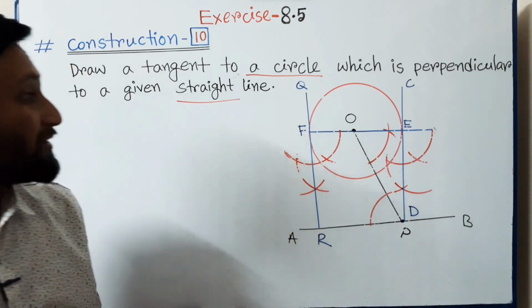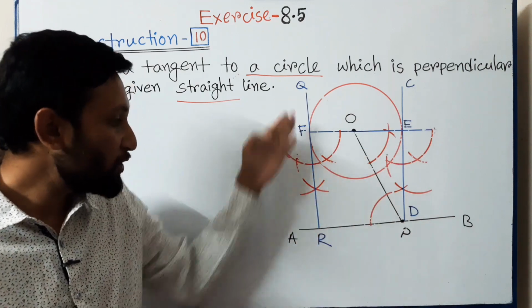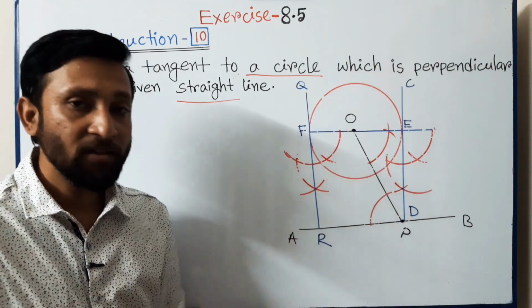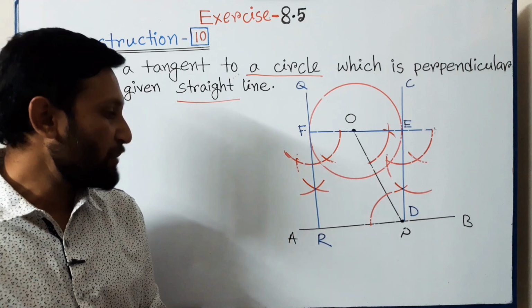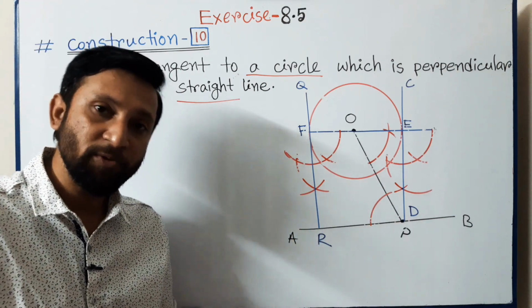So these are our two required tangents, QR and CD, which are perpendicular to the straight line AB. I hope everybody is clear.